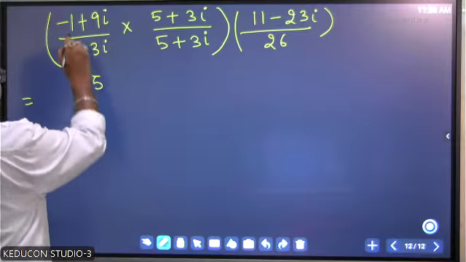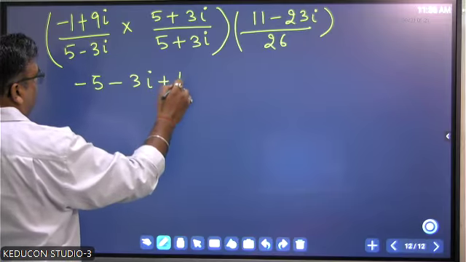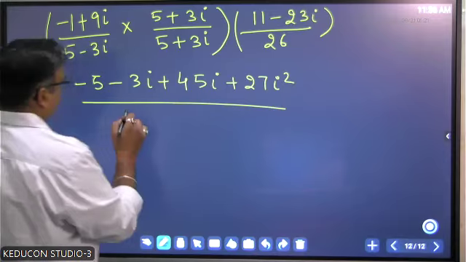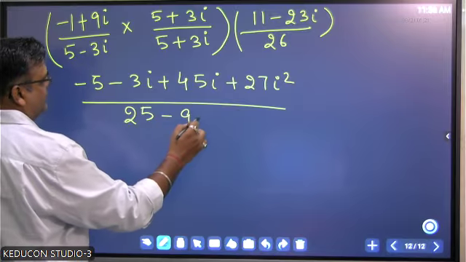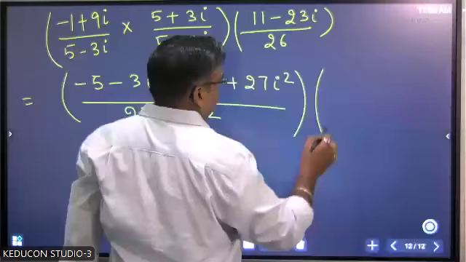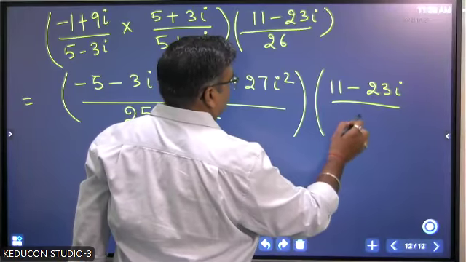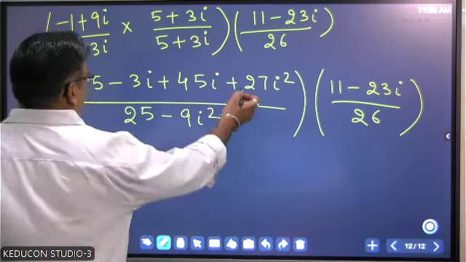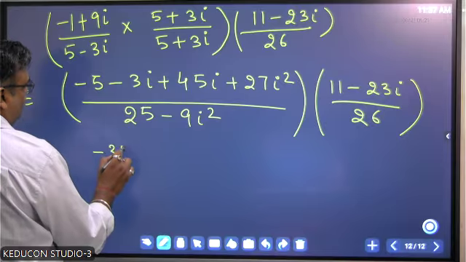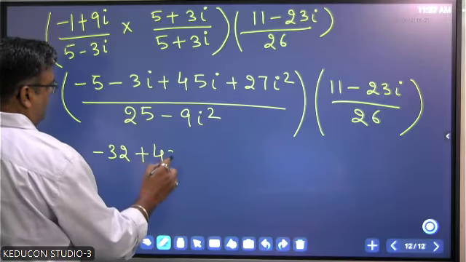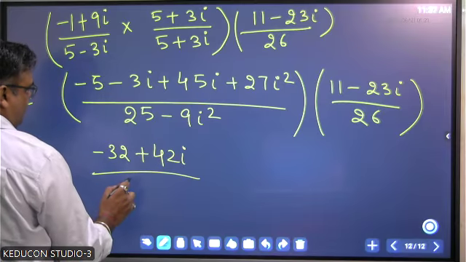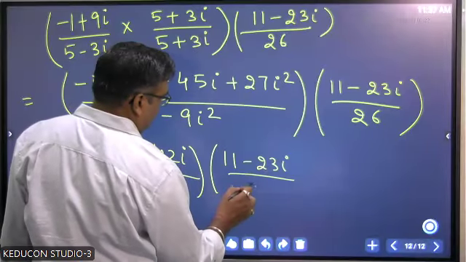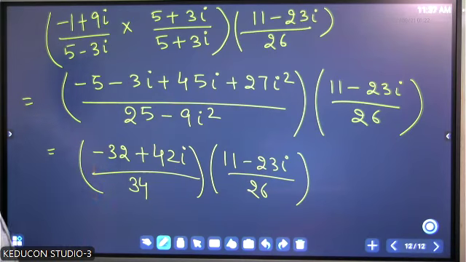Minus 1 into 5, minus 5 minus 3 iota plus 45 iota plus 27 iota square upon 25 minus 9 iota square. Right students? So when you change the numerator, here it becomes minus 27, minus 5 minus 32 plus 42 iota upon 25 plus 9, 34. 11 minus 23 iota, 26. Here the 2 is cancelling, so you can cancel it.